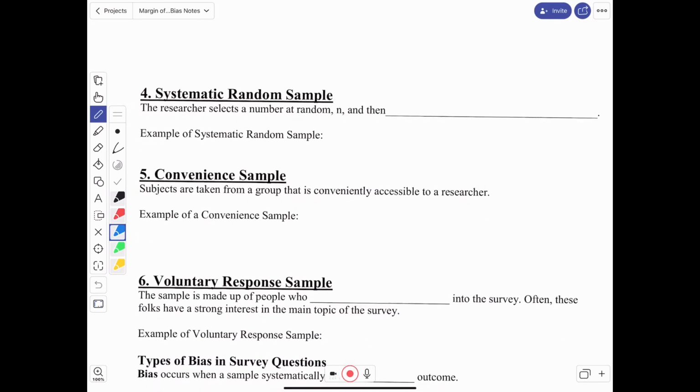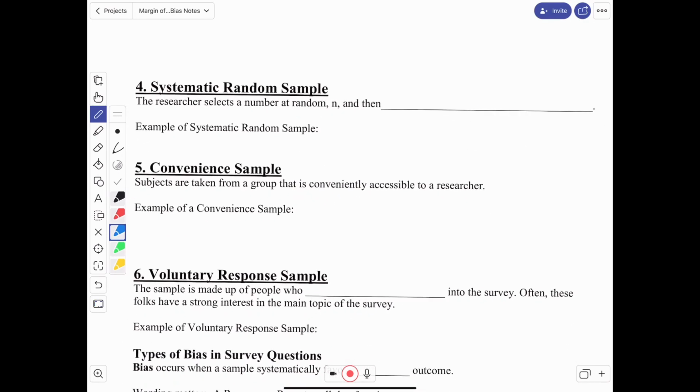All right, a systematic random sample. The researcher selects a number at random, n, and then selects every nth individual.